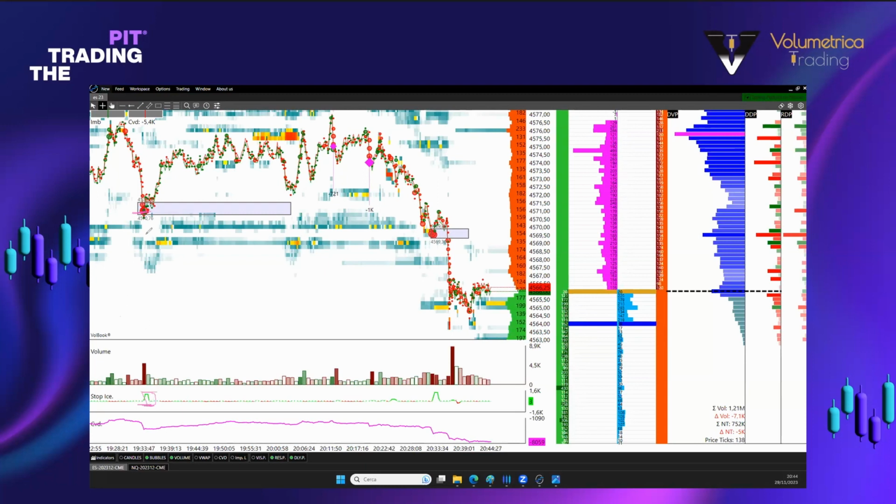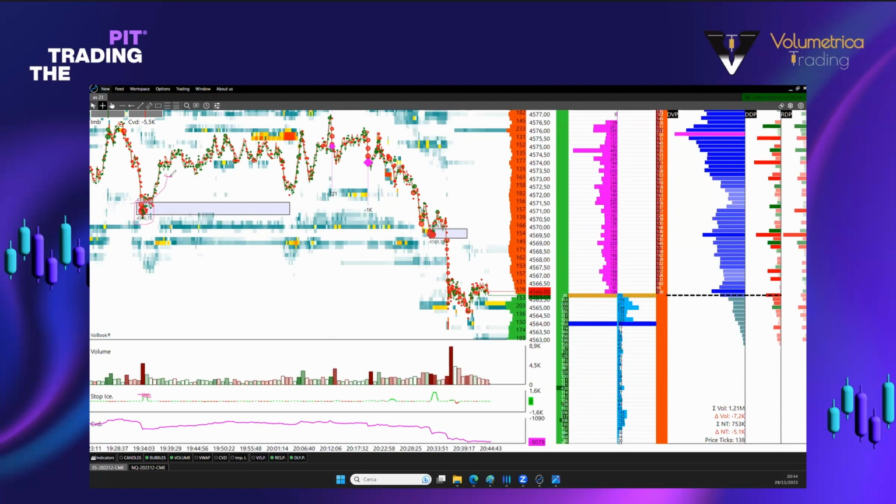So straight after that iceberg was launched, what does the market actually do? Does it really go in the direction of the iceberg, so in this case buying?